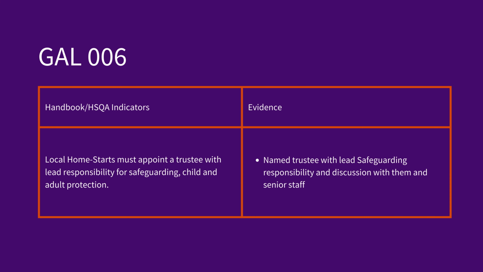Looking at GAL 006, again, this is a very straightforward indicator, which will either be yes or no, because it's about, do you have a trustee that has lead responsibility for safeguarding? And again, you can refer back to your protecting families submission for that one.